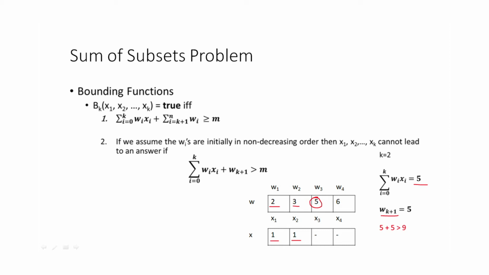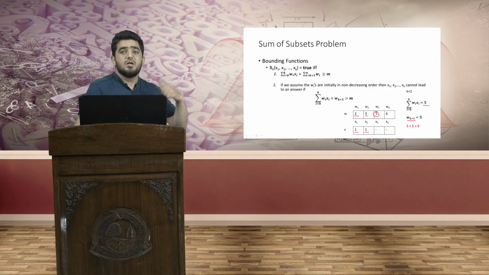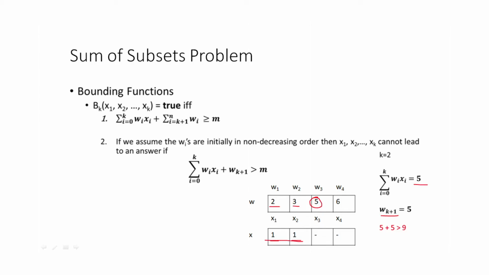Now since it is greater than 9, it means we cannot continue with this tuple, and we won't be able to get a solution if we follow this particular tuple. How? It is a simple observation. So far the sum is 5. If we consider another weight 5, the sum is equal to 10, which is greater than m. If we consider it to be 0, still we will not be able to find a solution if we take the next one as 1, because the sum would be 11, which will always be greater than m.